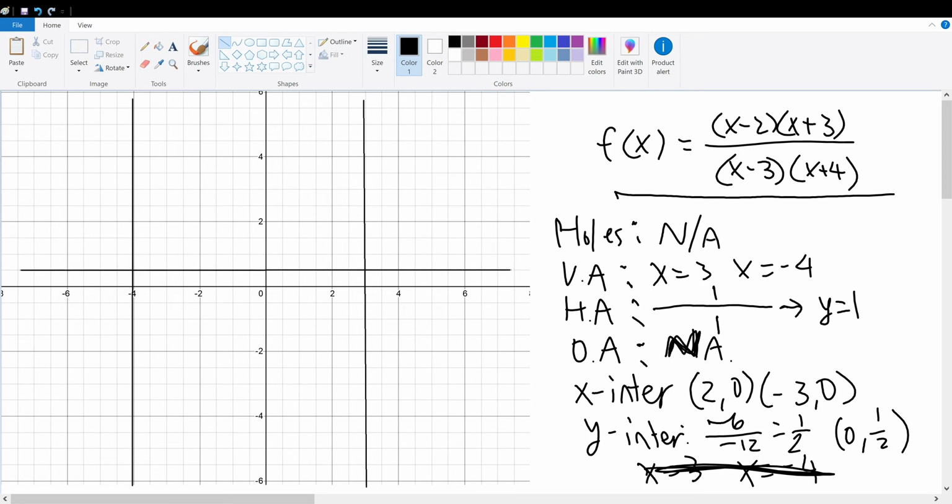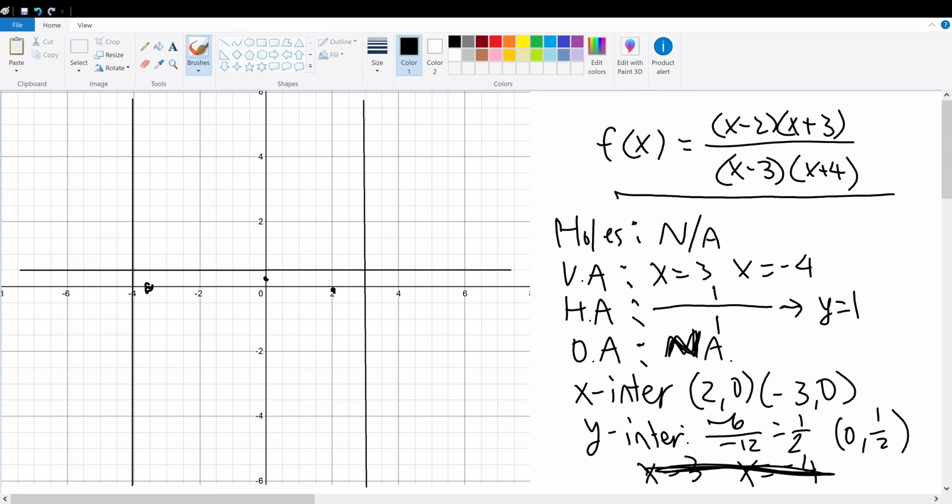Our x-intercept points, the special points within this rational function, will be (2, 0) and (negative 3, 0). Our y-intercept will be (0, 1/2), so that'll be right here.